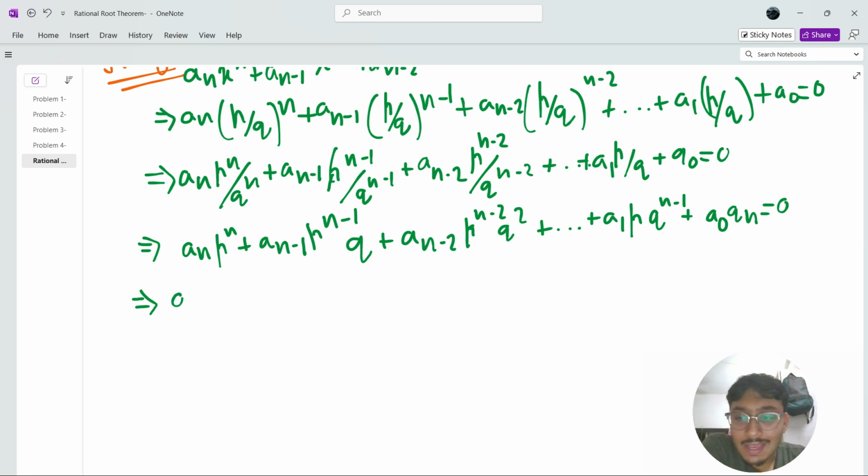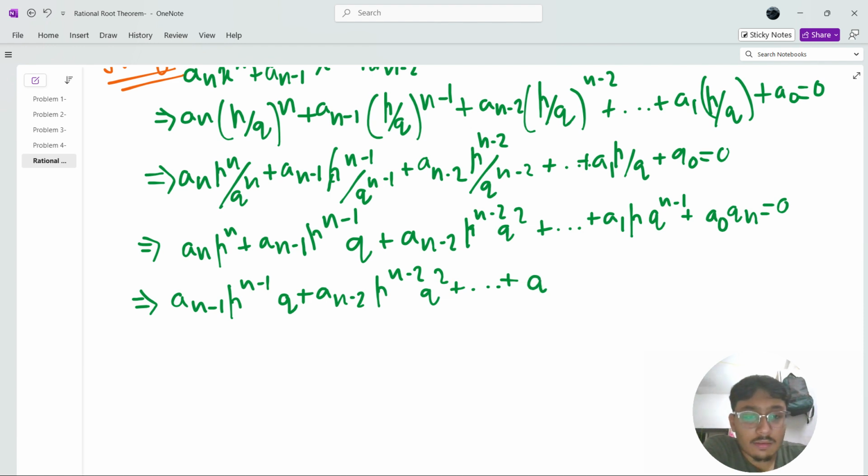That is a_(n-1) p^(n-1) q plus a_(n-2) p^(n-2) q^2 plus dot dot dot plus a_1 p q^(n-1) plus a_0 q^n.